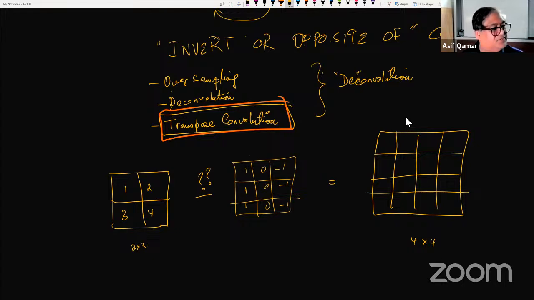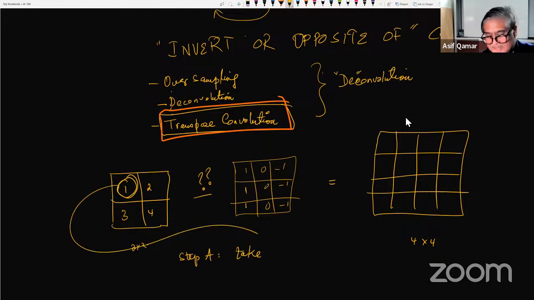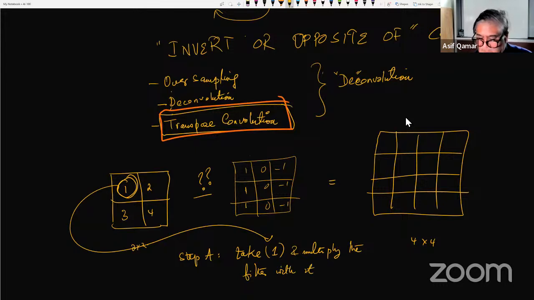So if you do that, take one. First thing you take one, and this is step one. Let's write this way. Step A, take this guy. This is one, and multiply the filter with it. Oh, by the way, while you are at it, you also do this padding business, because remember that when you were coming down, you were applying paddings.